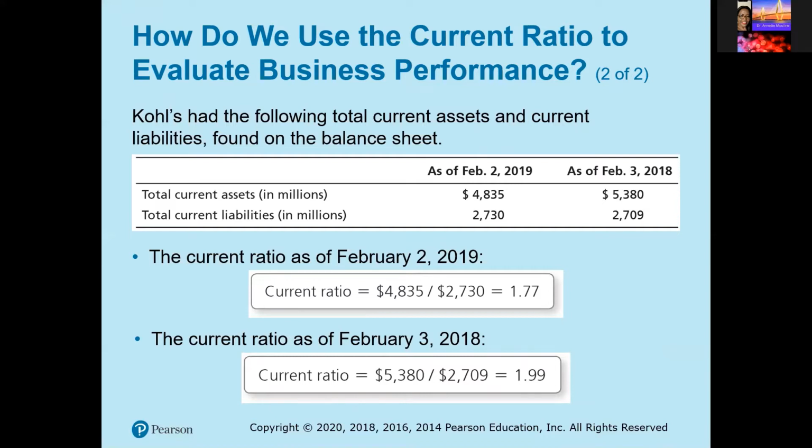Now, given that the current ratio is above 1.5 for both years, Kohl's Corporation would be considered a less risky investment than other businesses with a lower current ratio. Similarly, creditors would be more willing to extend credit to Kohl's Corporation than another company with a lower current ratio.